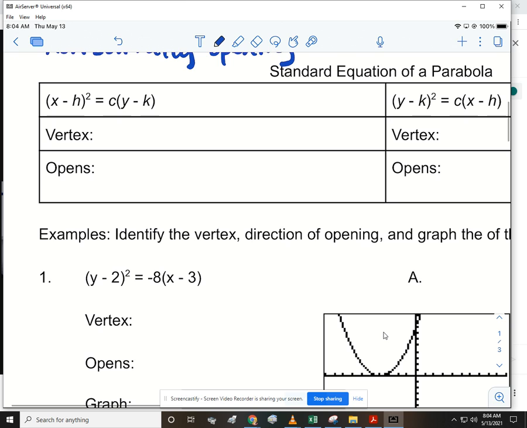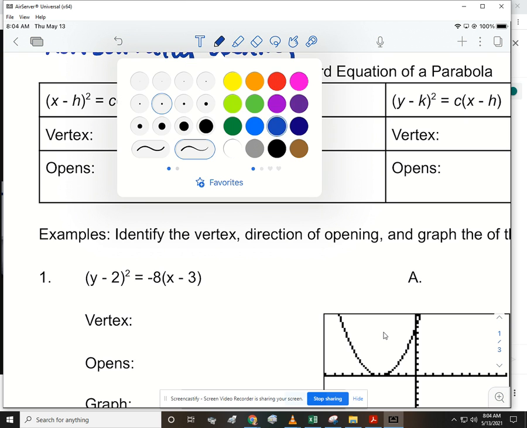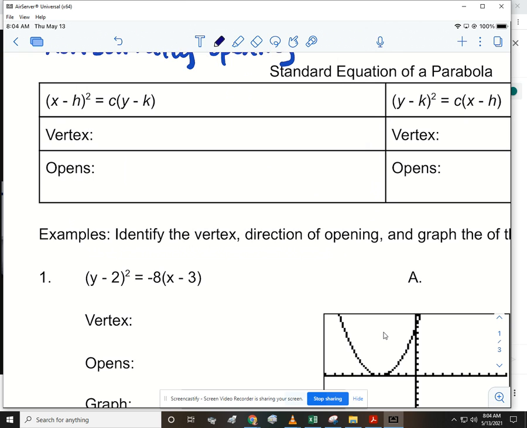On both types, to find the vertex, you take the x part of the vertex out of the parentheses with the x. Whatever is being subtracted from x is the x part of the vertex, and whatever is being subtracted from y is the y part of the vertex. That should seem familiar, especially with what we've done with circles.